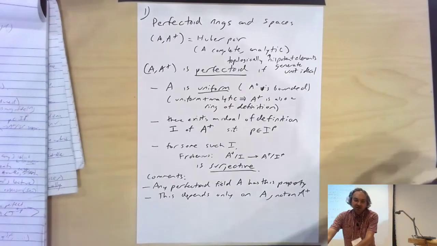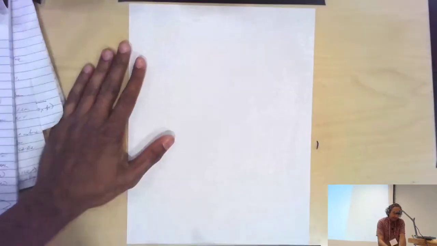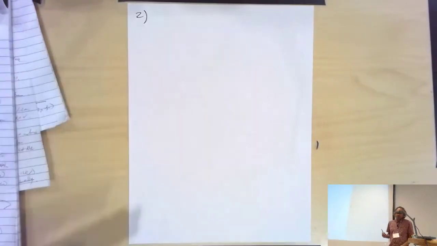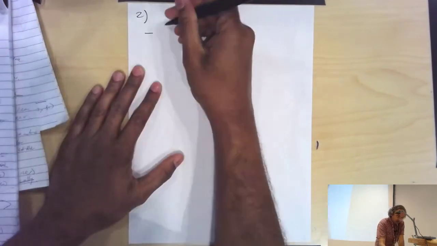Let me make some more room. So if we were in characteristic p, that's certainly allowed. So this is the comments continued.